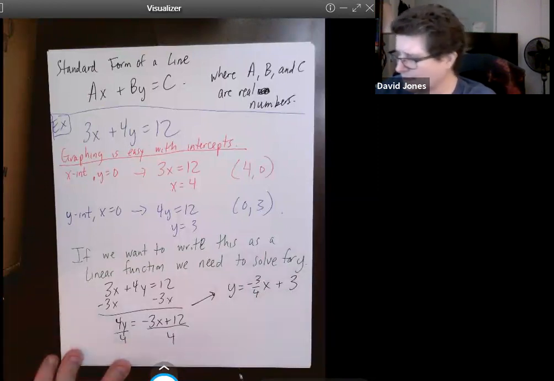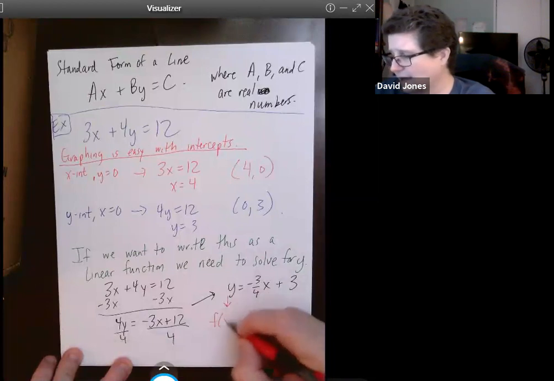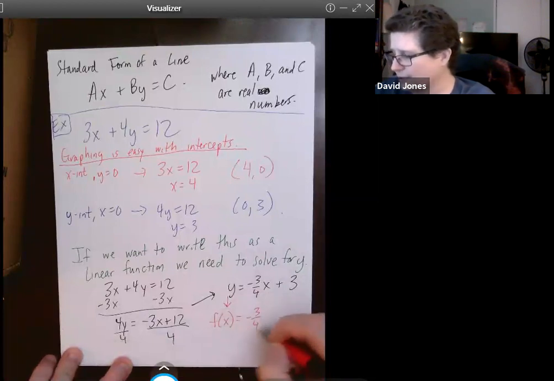And then I can replace the y with f of x. f of x equals negative 3/4 x plus 3.